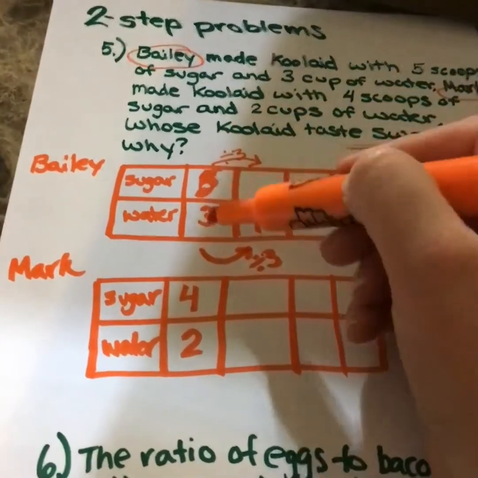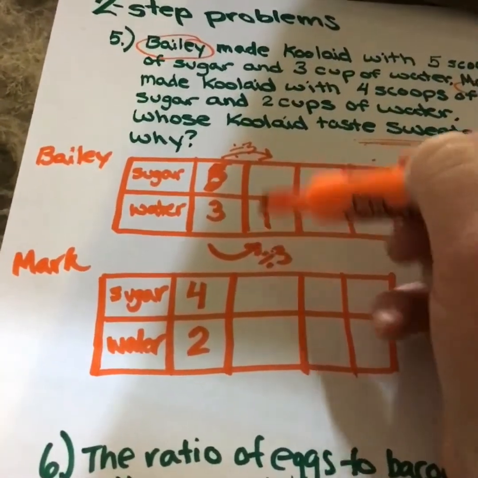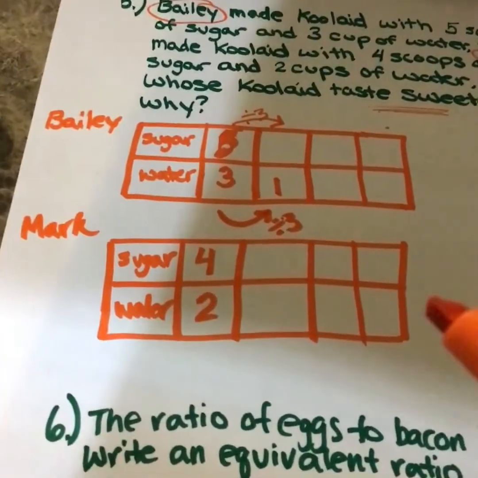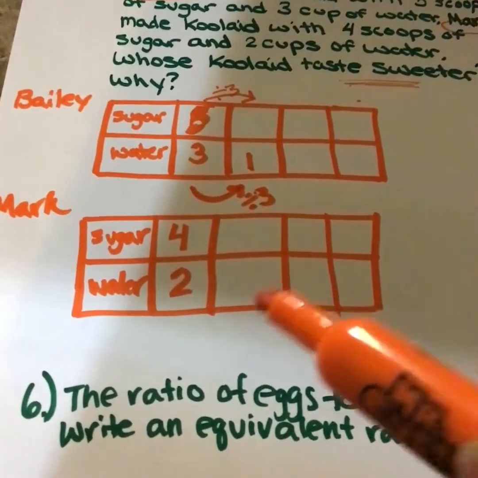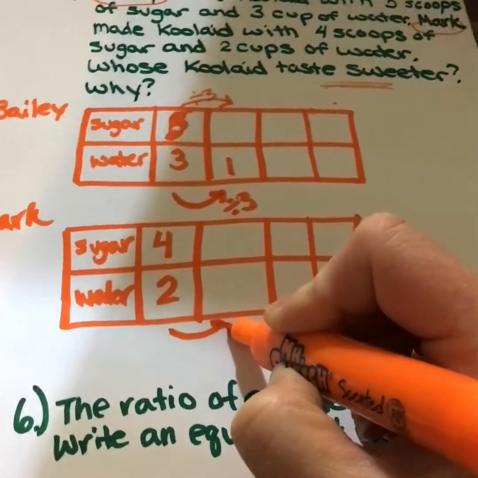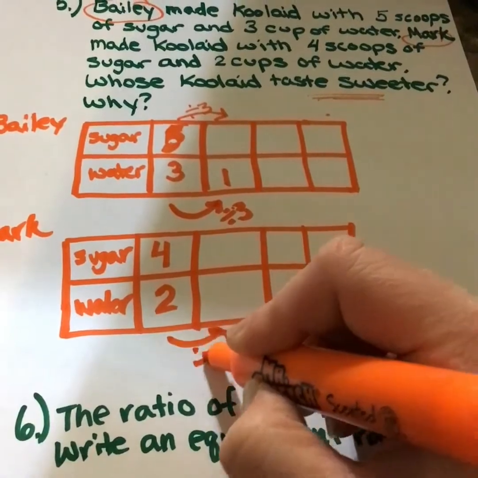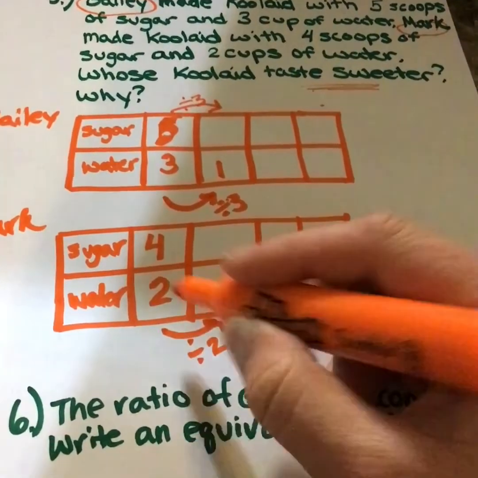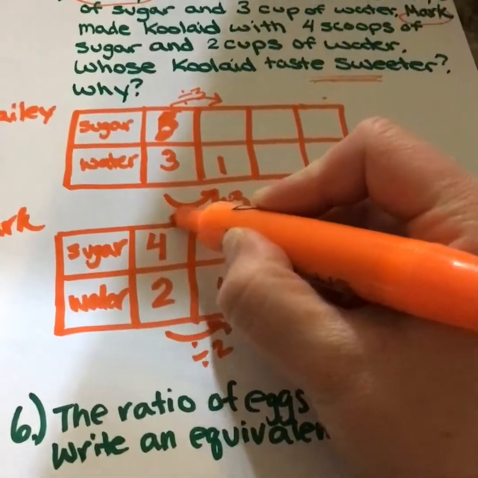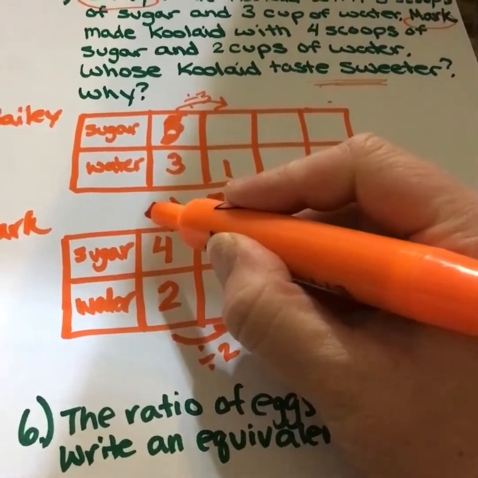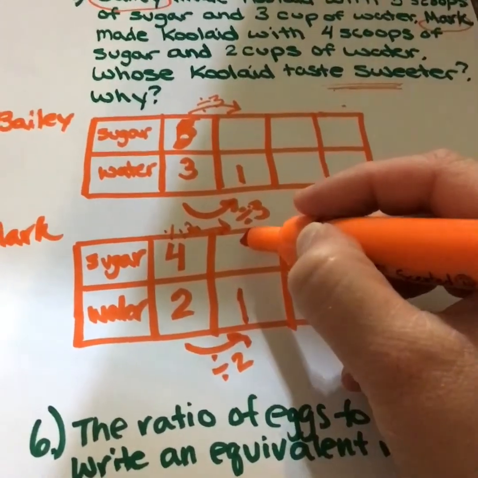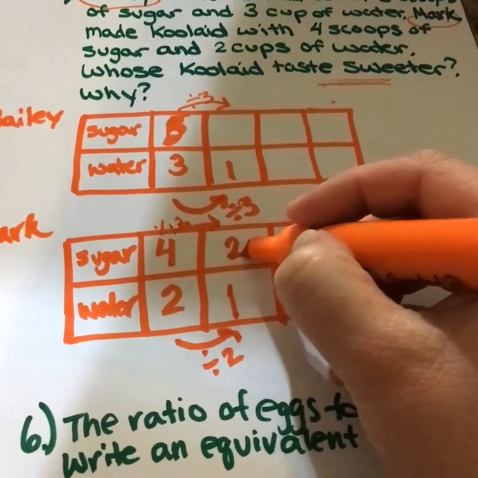And the reason I'm dividing it by 3 is because whatever I do to the bottom, I have to do to the top. Go ahead and plug that in your calculator. But while you're doing that, down here, I need to get this water to 1. So I'm going to divide by 2 because it's 2 cups. 2 divided by 2 is 1. Well, this one isn't going to give me a decimal. 4 divided by 2 is going to be 2.